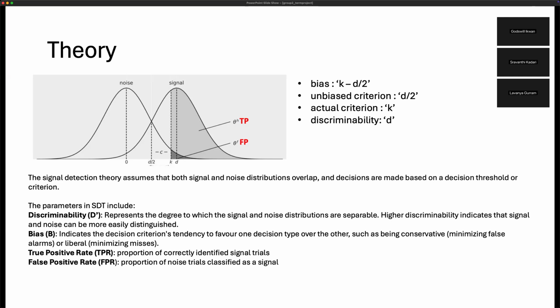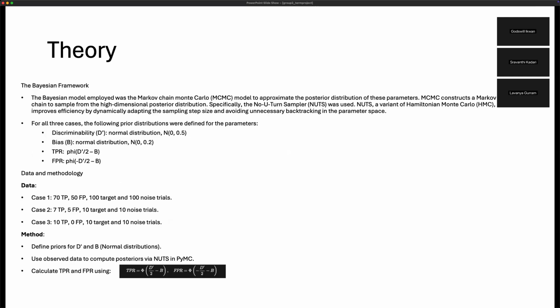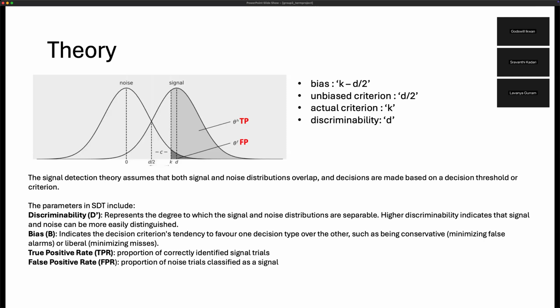Bias reflects the decision threshold or criterion, which indicates whether the system is favoring detecting signals or avoiding false positives. True positive rate is the proportion of correctly identified signals, and false positive rate is the proportion of noise trials that were mistakenly classified as signals.